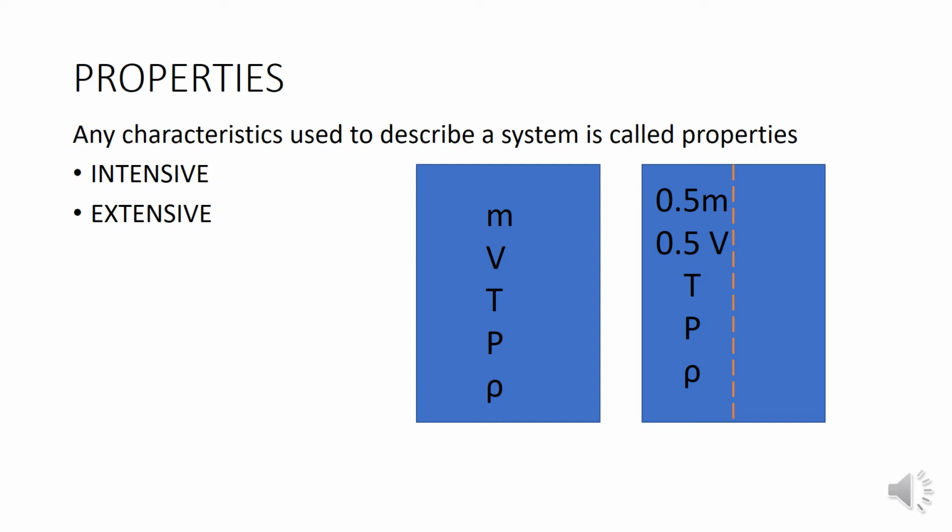From here you can understand that mass and volume are examples of extensive properties, whereas temperature, pressure and density are intensive properties, because they don't vary. The intensive property value remains the same however many times you slice the system, but an extensive property depends upon the mass of the system.